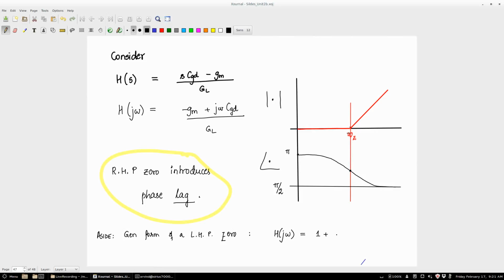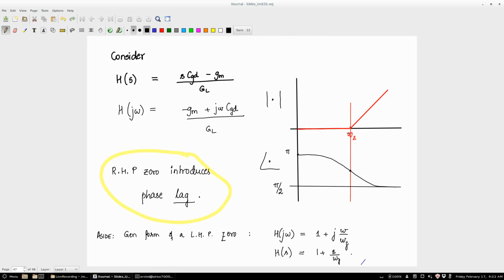General form of a left half plane zero. What would that H of j omega look like? In simpler form it will be some scale factor times 1 plus j omega by omega z. So the difference between this and this is the fact that here there is a minus sign.